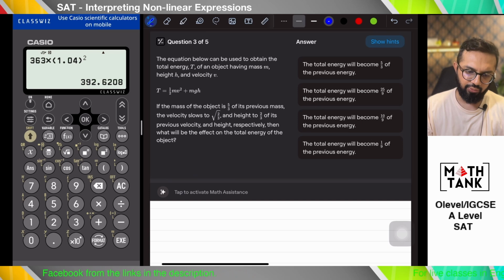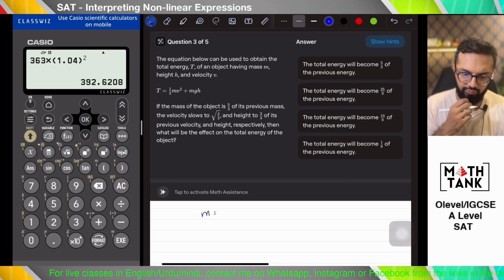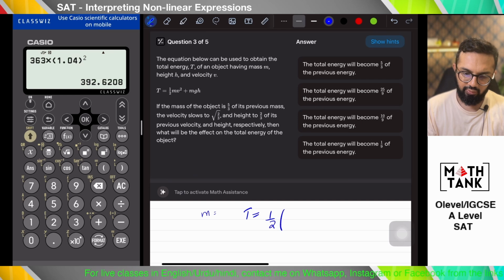The equation below can be used to obtain the total energy. The mass of the object is 5/3 of its previous mass. The velocity slows to root 2 over 3 and height to 2/3 of its previous velocity and height respectively. Then what will be the effect on the energy of the object? Okay, so T is the total energy of the object of 5/3.